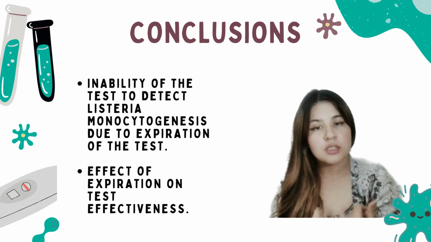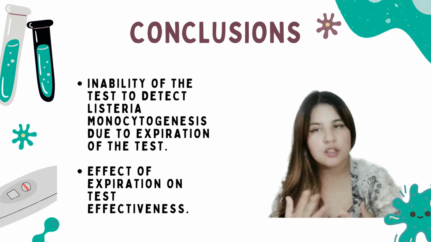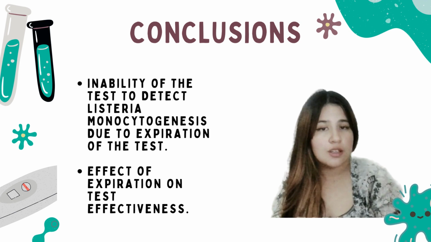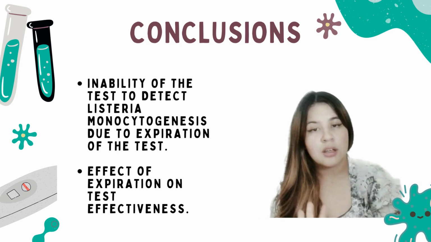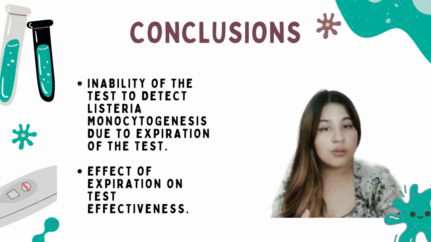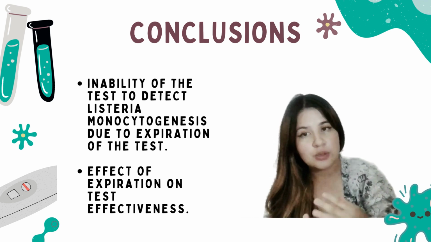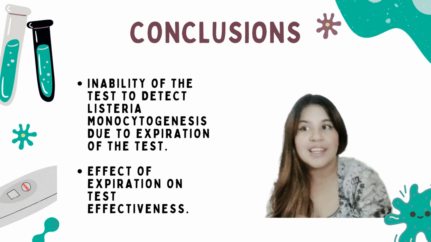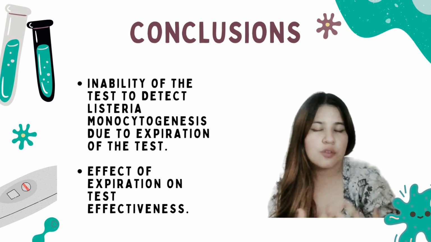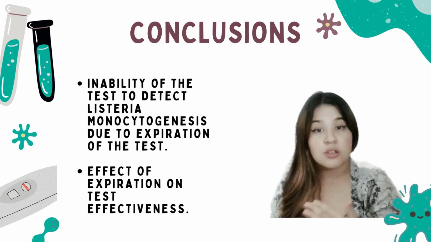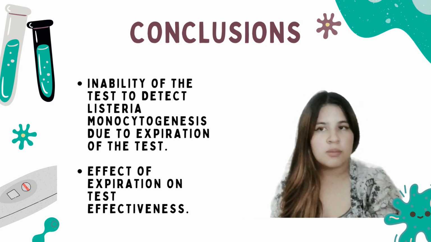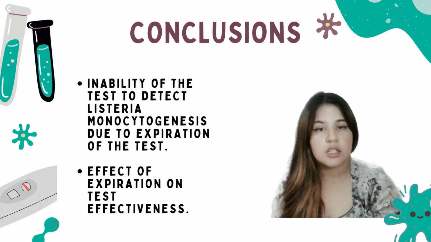Also, having experimented with expired tests effectively demonstrated that the use of an expired Listeria monocytogenes detection test can negatively affect the detection capacity, since unreliable or nonexistent results can be obtained, as was the case here. This reflects the importance of continually verifying the expiration dates of these tests because in real contexts that may affect food safety and the health of people.